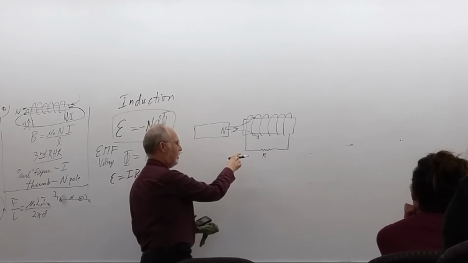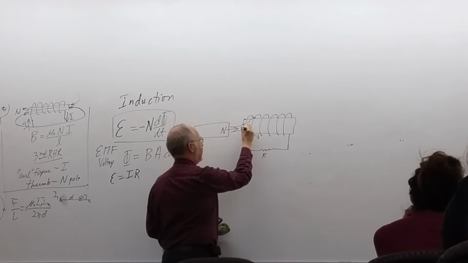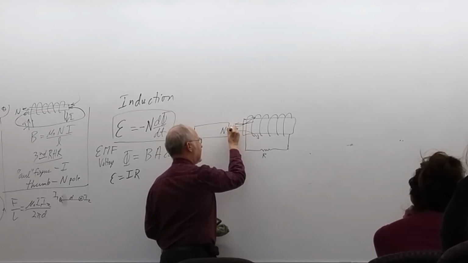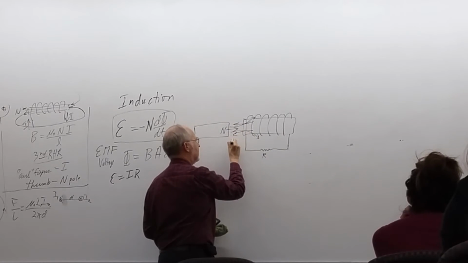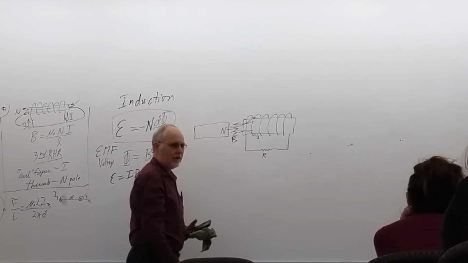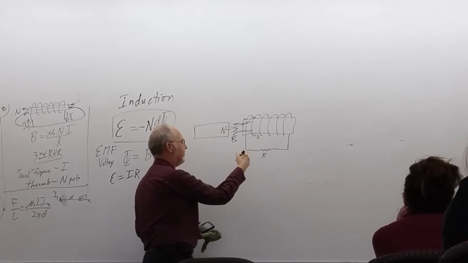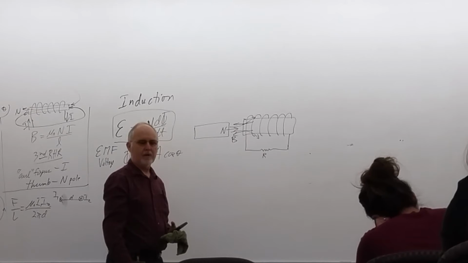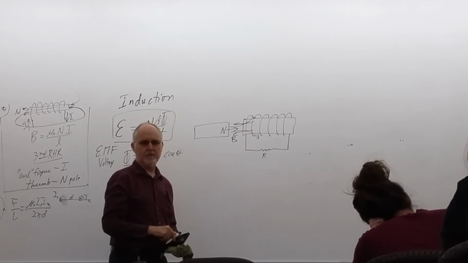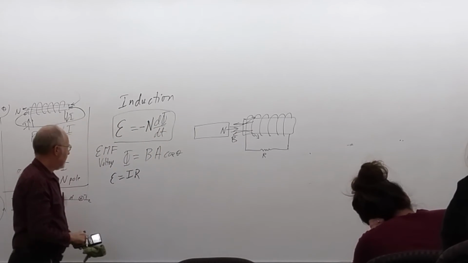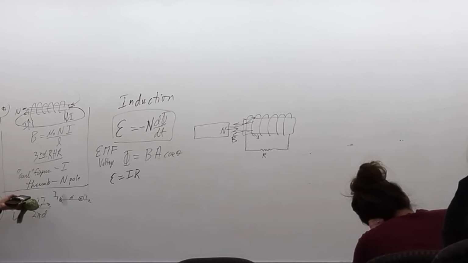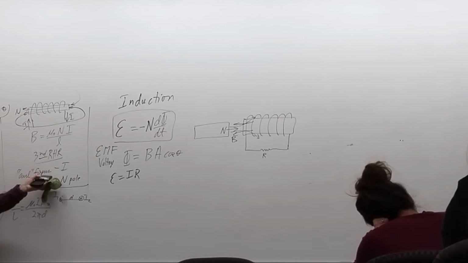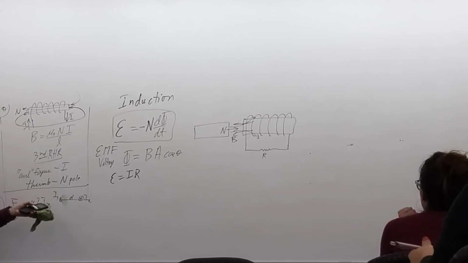So I would want the current to produce a magnetic field going the opposite direction due to this current. Well, if the field is going to the left out of that end of the coil, which way does the current have to go? Well, I'll go back to my third right-hand rule. Now here I knew the direction of the current and I figured out which end was the north pole.